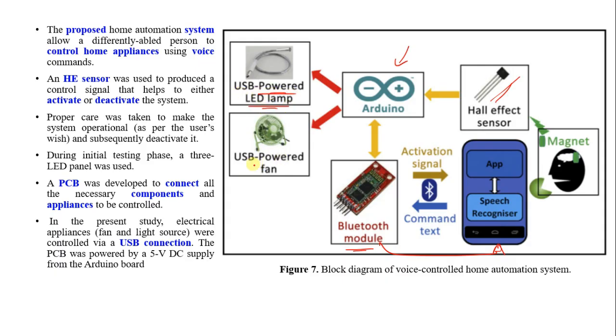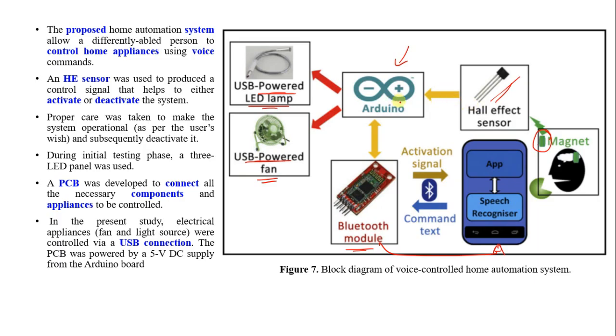So how can you control these two things? You bring a magnet near the Hall effect sensor, and it will generate a signal of 1. The Hall effect sensor is basically acting as a switching device. It gives a signal to the Arduino, and that signal is communicated to the mobile through the Bluetooth module.